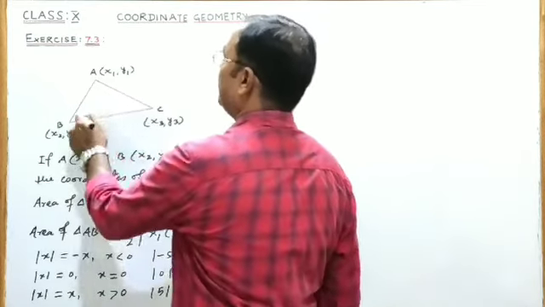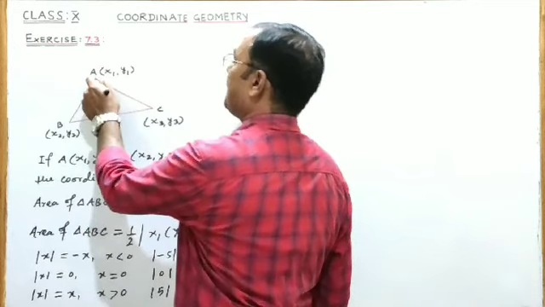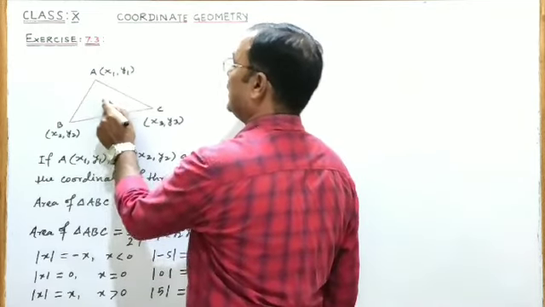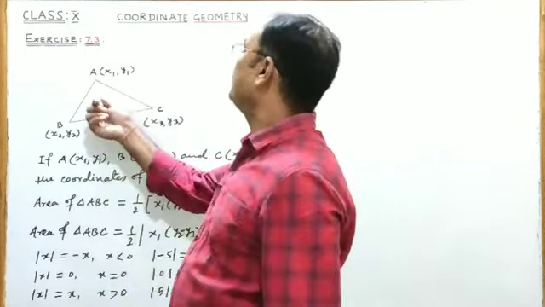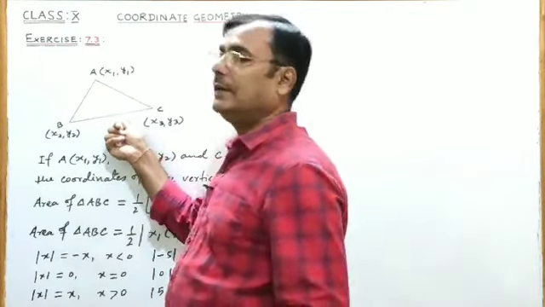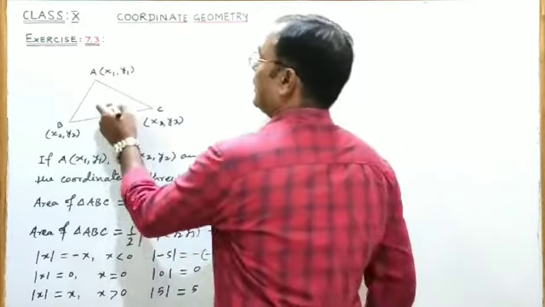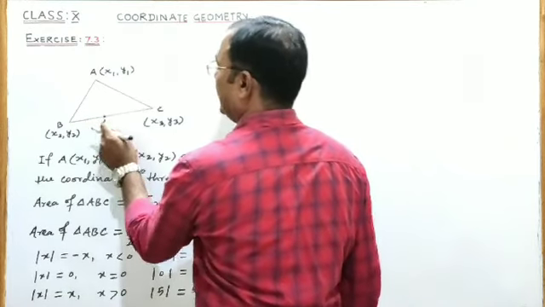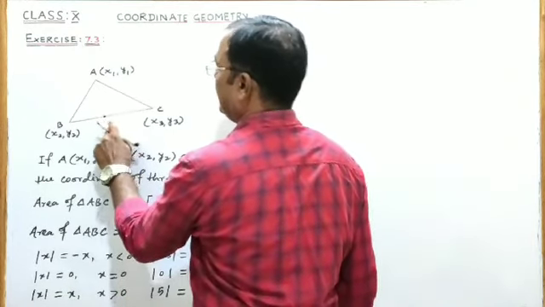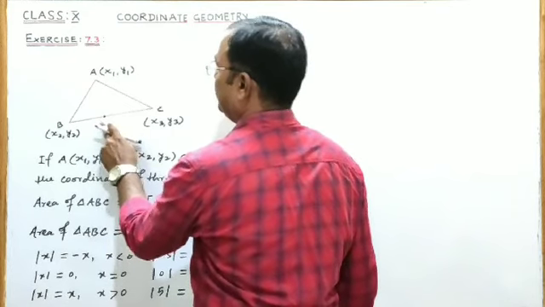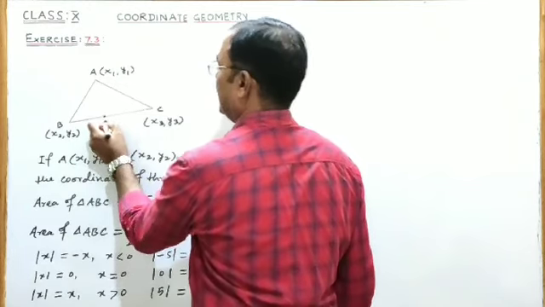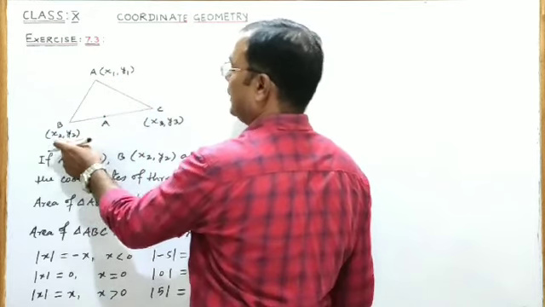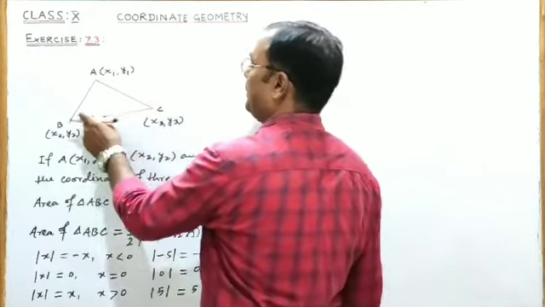Now see, in triangle ABC, if this vertex A comes at a point on the side BC, then area of this triangle becomes 0, and 3 points A, B and C become collinear, with coordinates x1, y1, x2, y2 and x3, y3.